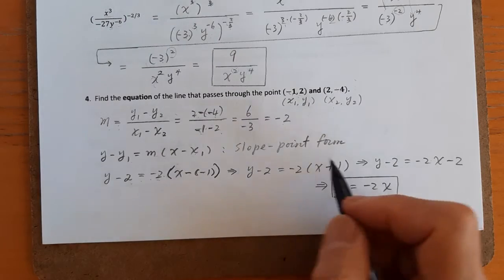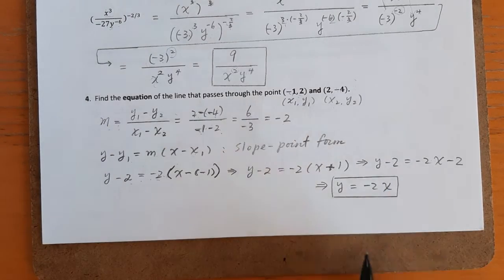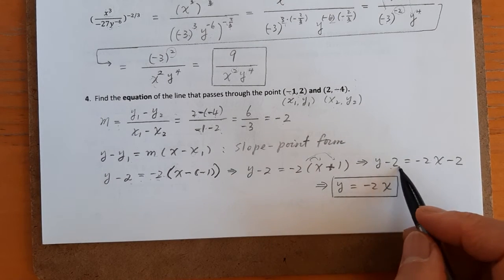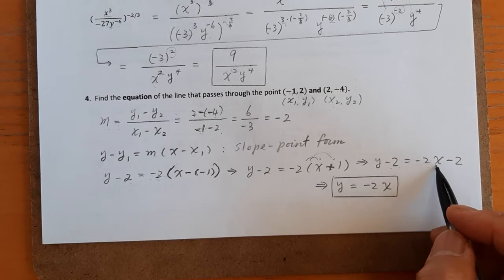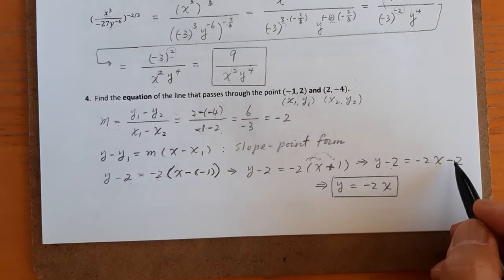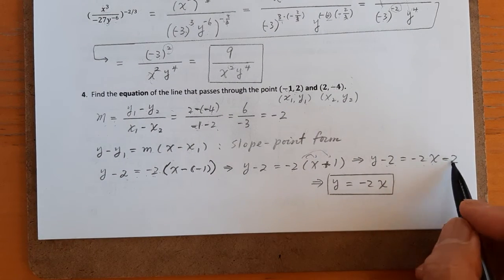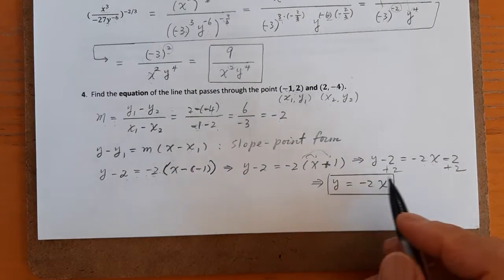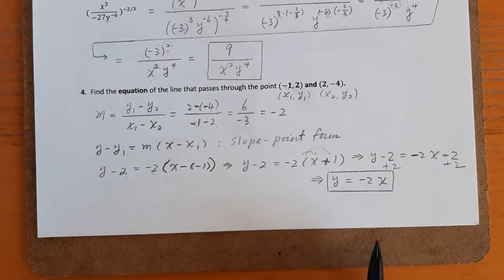Y minus 2 equals -2, and here minus minus becomes plus. Then distribute in. Get y minus 2 equals -2x. Negative times positive is -2. Then add 2 to both sides. So you get y equals -2x. And you can check it.